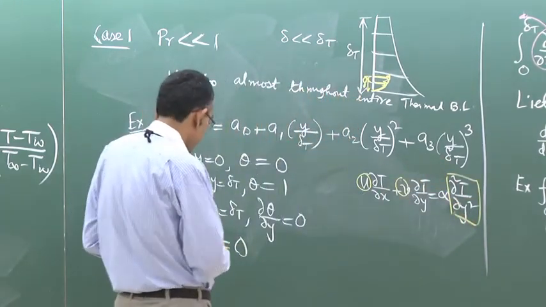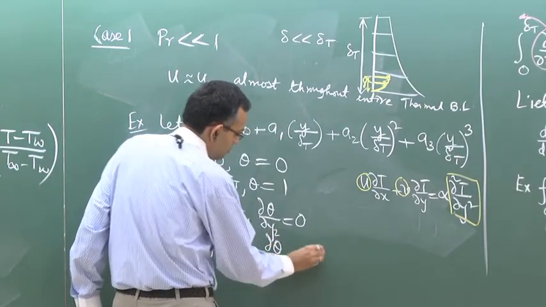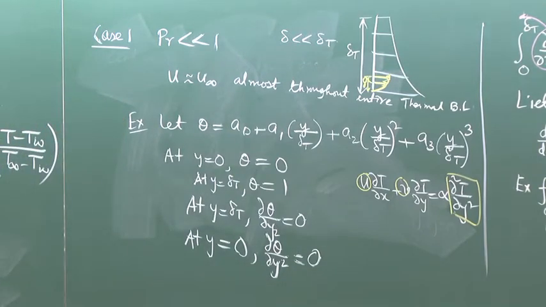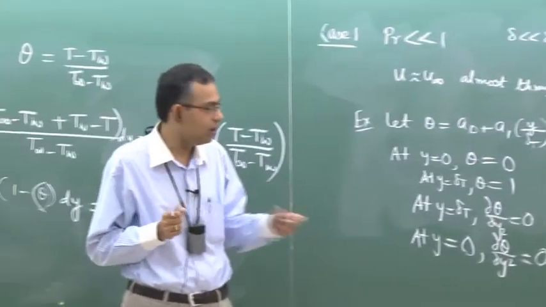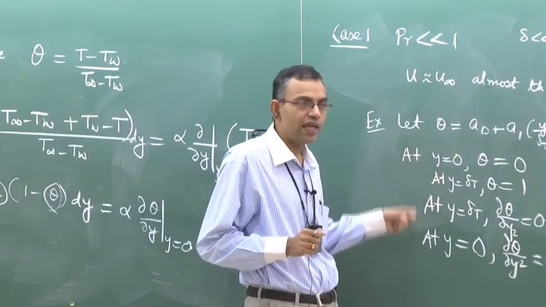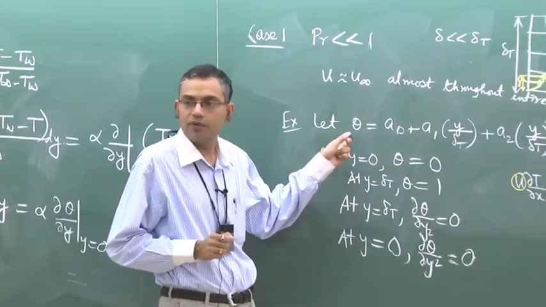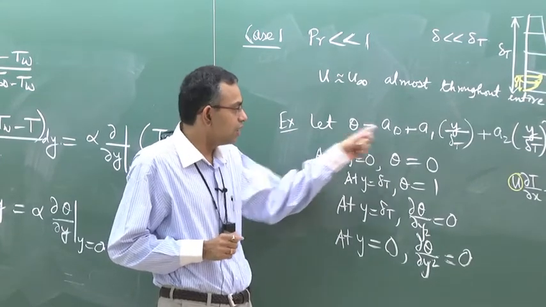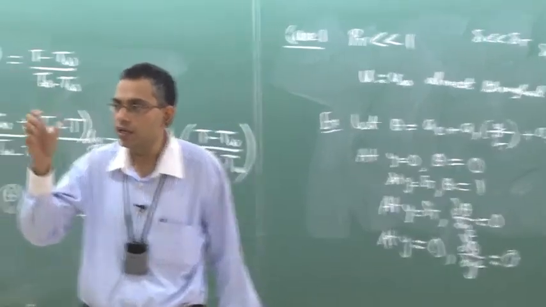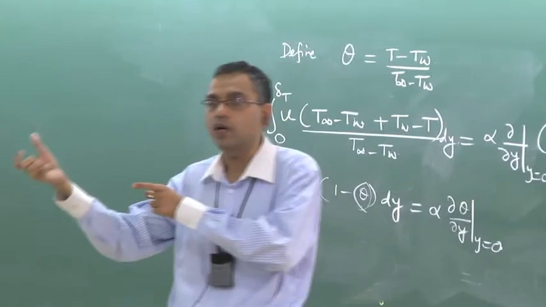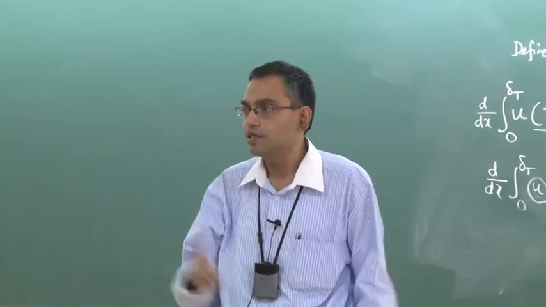So in terms of theta, you can see that if you cast it in proper non-dimensional form, the boundary conditions look exactly the same as those were for velocity when we approximated the velocity profile using this form. Therefore the constants will also be the same, because the similarity is a mathematical similarity. Mathematics does not understand that one is heat transfer, one is fluid mechanics. If you bring exact similarity into picture, the values will also be similar.